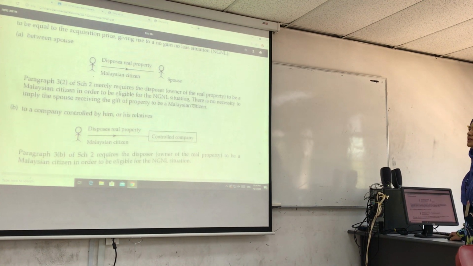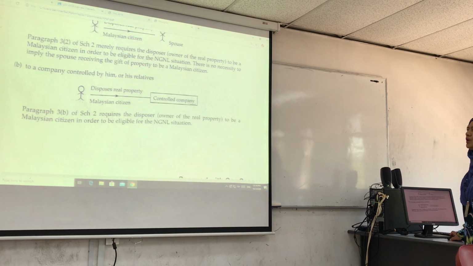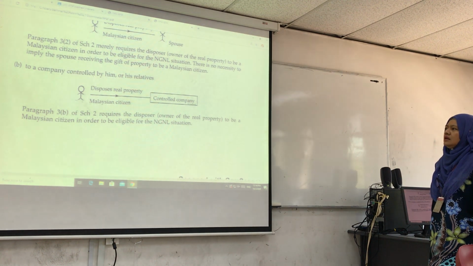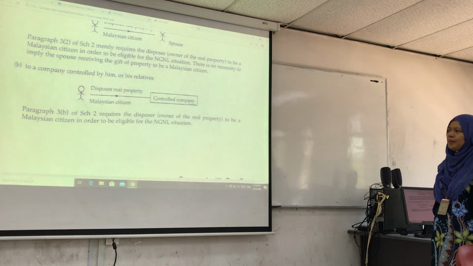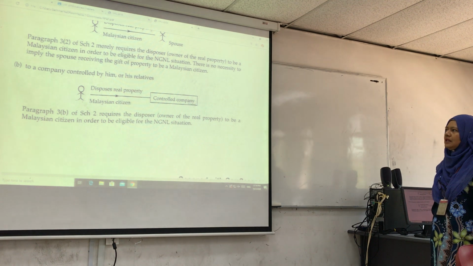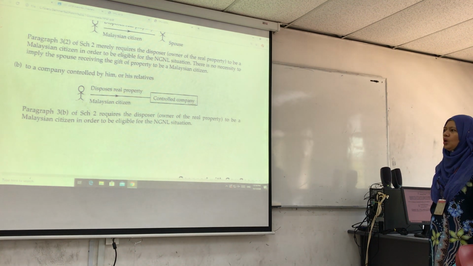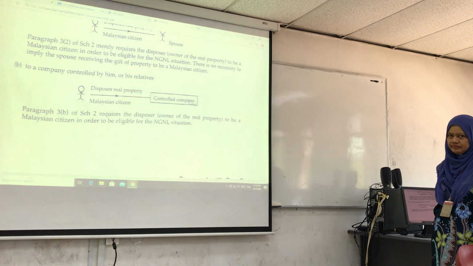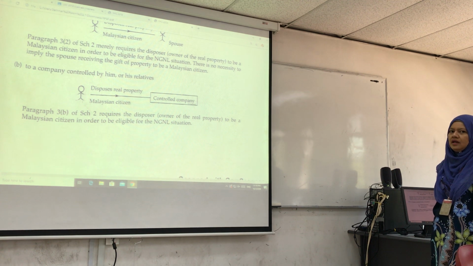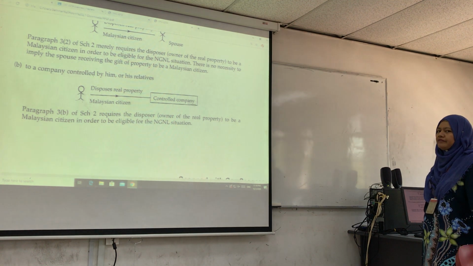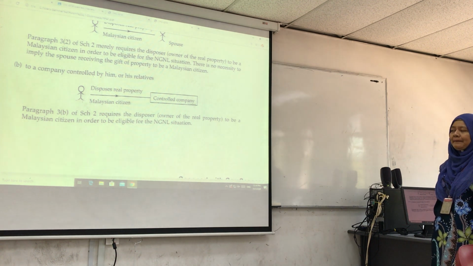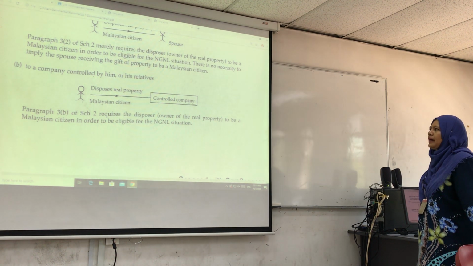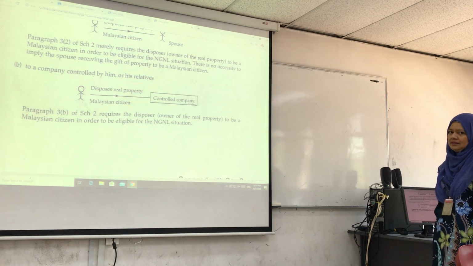Number two is that the disposer is subject to no gain no loss when an individual disposes a property to a company controlled by him or his relative. You are an individual, you have a property. That property you dispose to a company which is controlled by you or by your relative.